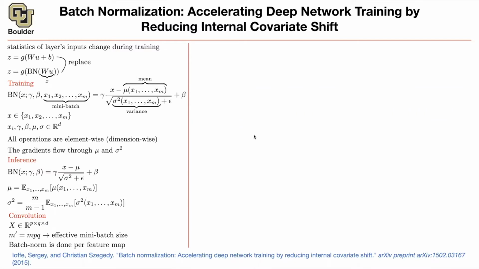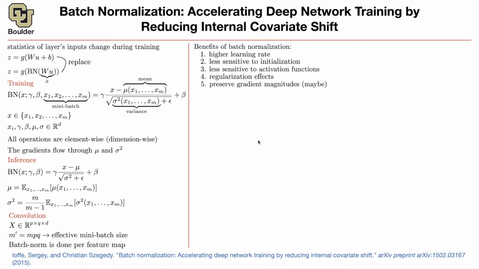Okay, perfect. So what are some of the benefits of batch normalization? You can get away with a higher learning rate because now things are more stable. Basically, you are taking care of the covariate shift, and these inputs to your activation are not going to have crazy values. Think about it.